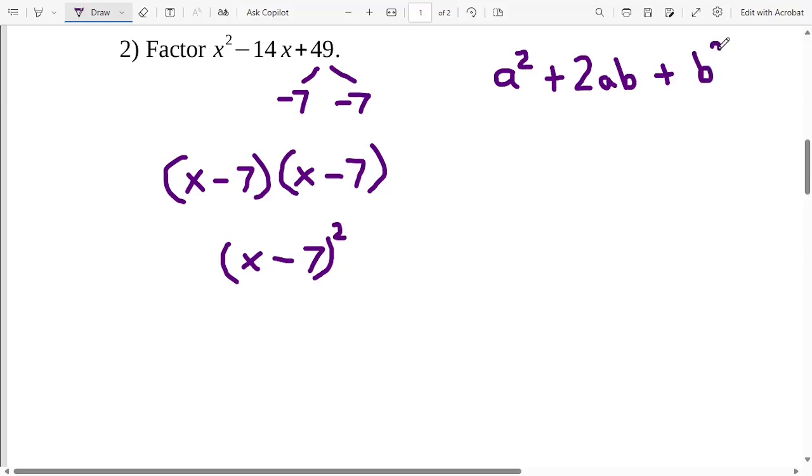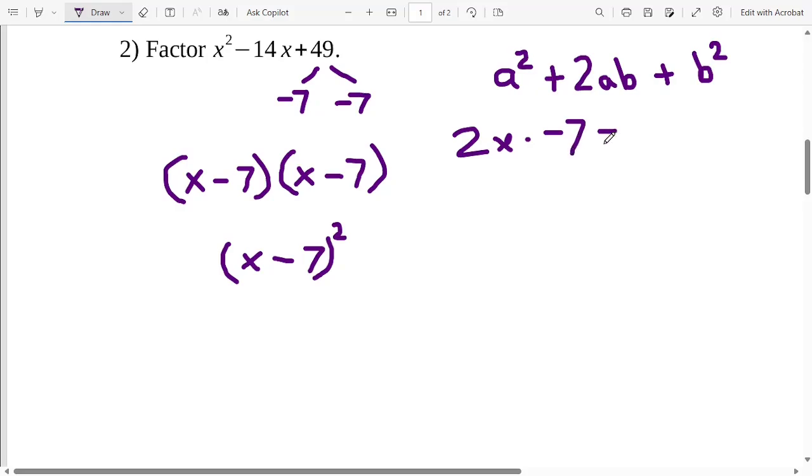So you want to confirm when you do this, but if I say a squared equals x squared, so a equals x, and b squared equals 49, so b equals either positive 7 or negative 7. If you have a negative here, you'd pick the negative. Well, 2ab is going to be 2 times x times b, which is going to be negative 7.